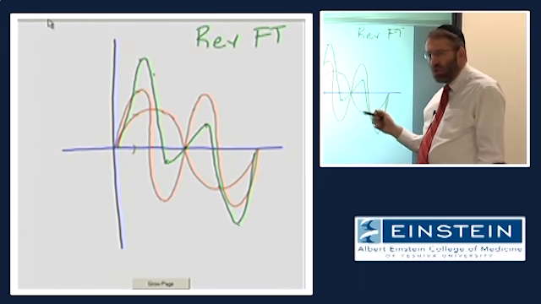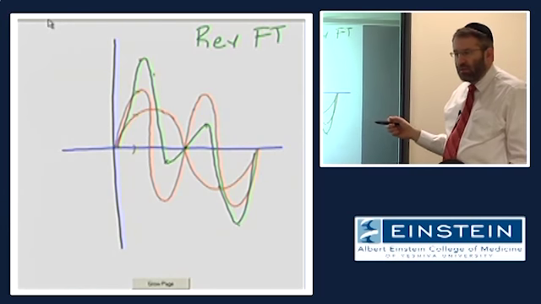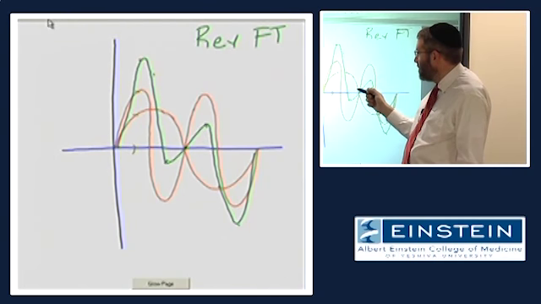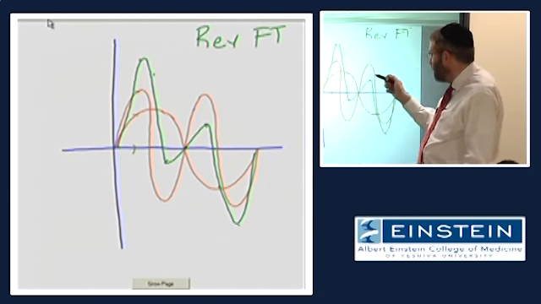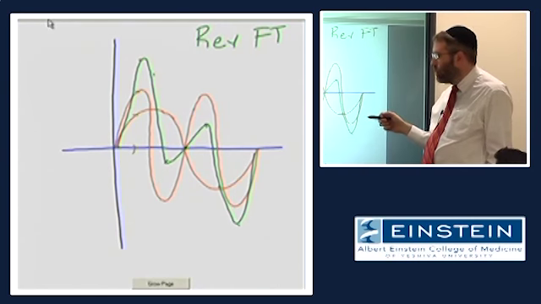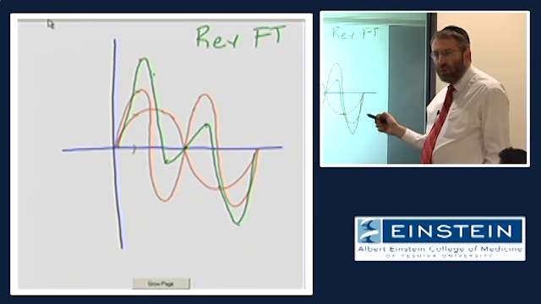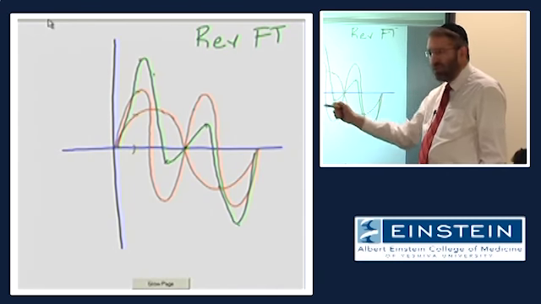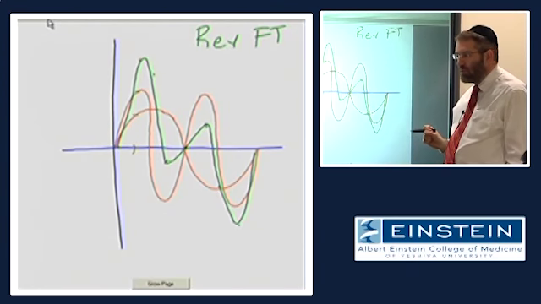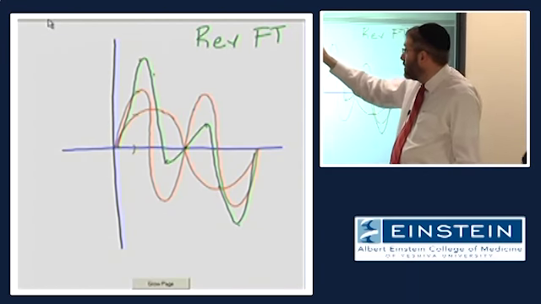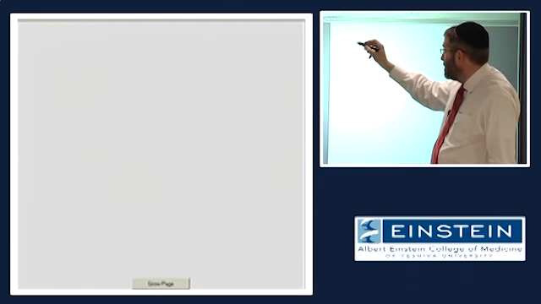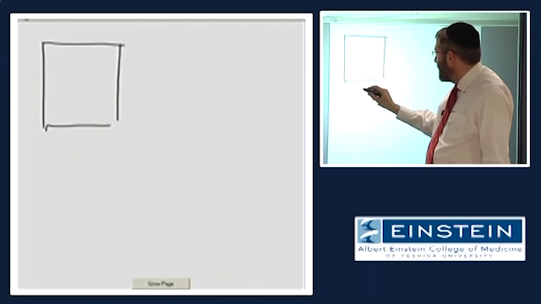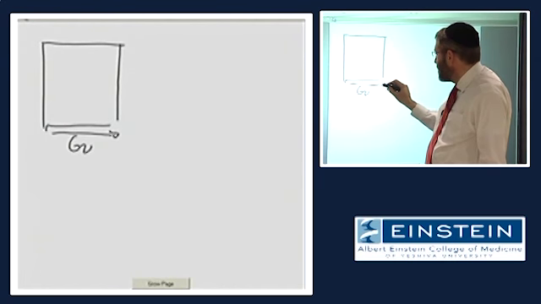Now, we're not going to go into this in a lot of detail, but the nature of the Fourier transform is that we are able to probe this complex function and determine a series of component frequencies, each with a specific amplitude, that combine together to give us that net result. So this becomes very useful when we are sampling the MR signal. We have our slice, and our frequency encoding gradient is applied in this direction.